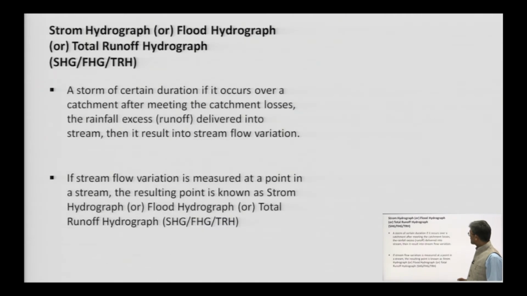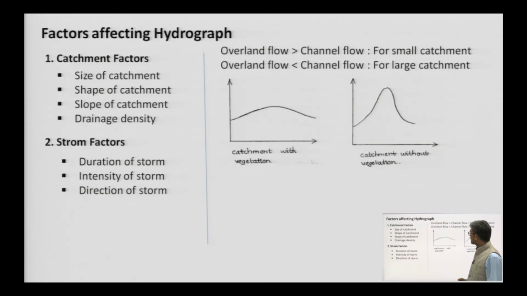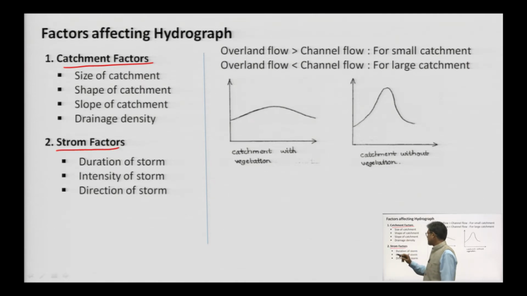Factors affecting the hydrograph. There are two factors: catchment factors and storm factors, meaning precipitation factors. Catchment factors are the size of the channel, the shape of the catchment, the slope of the catchment, and drainage density.